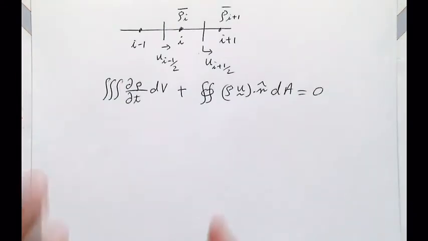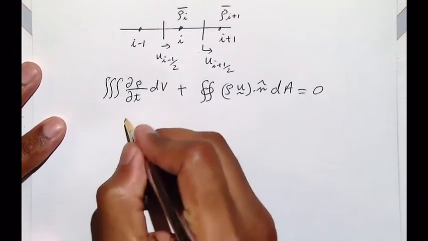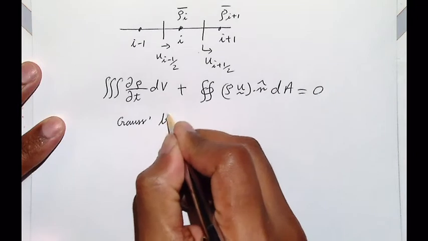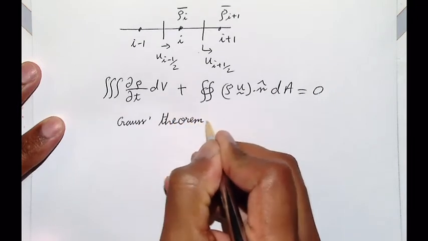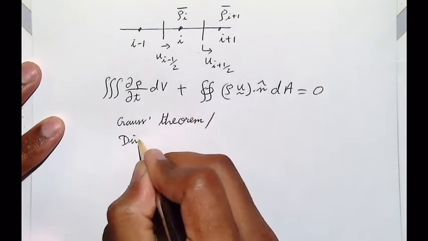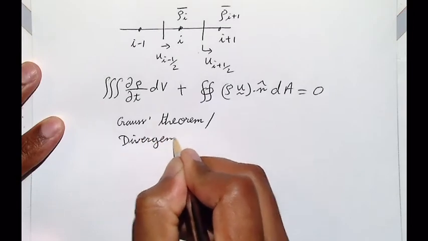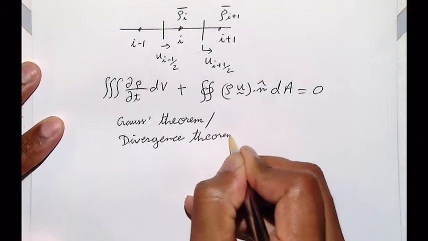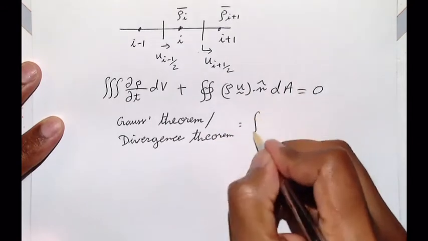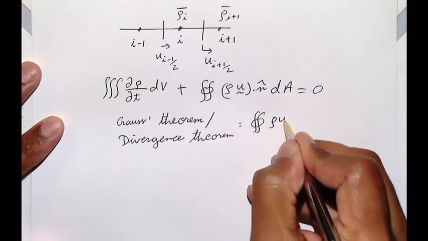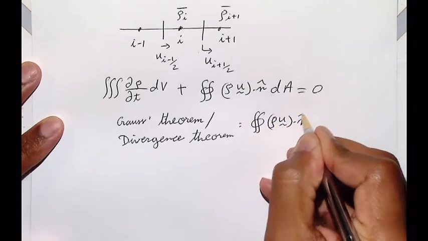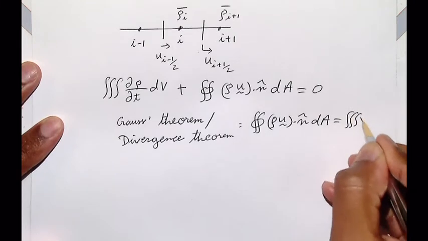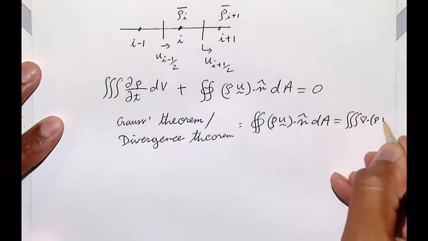And then, using the divergence theorem, so Gauss's theorem, we can simply say that the surface integral, when written as a volume integral, is del dot rho u dV.